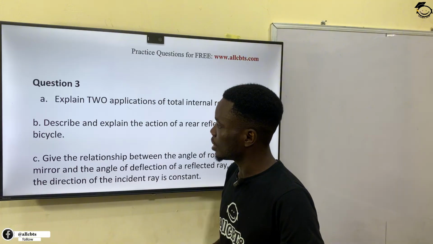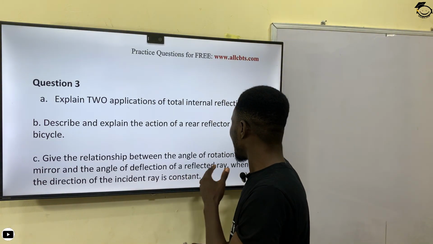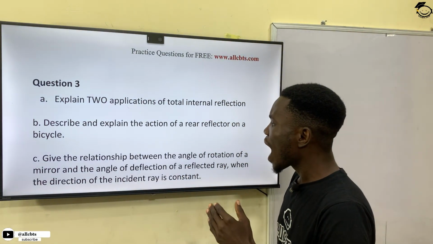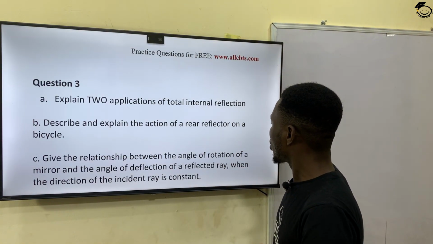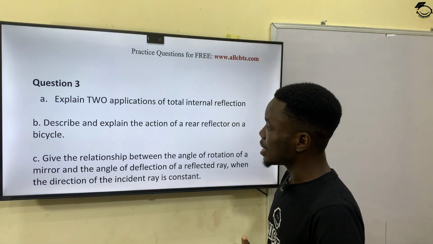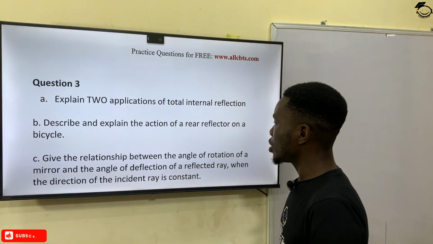Question number 3C says, give the relationship between the angle of rotation of a mirror and the angle of deflection of a reflected ray when the direction of the incident ray is constant.